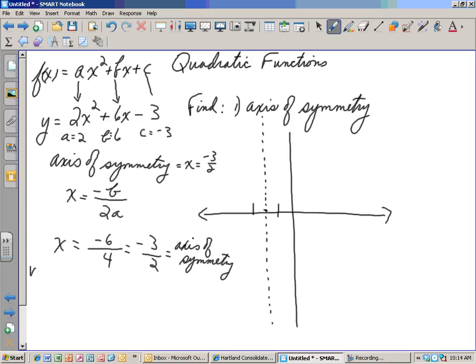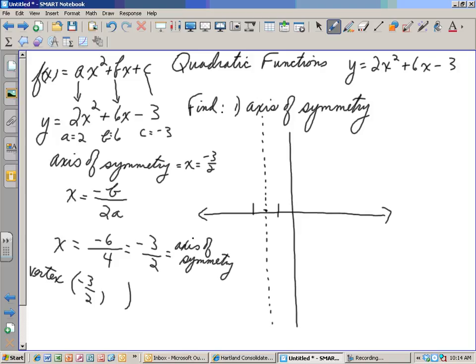Let's find the vertex. And here's how we find the vertex. To find the vertex, we're going to take the x-coordinate, the -3/2, and put it in for x in my equation, and see what the y value is. Here's my equation: y equals 2x squared plus 6x minus 3.